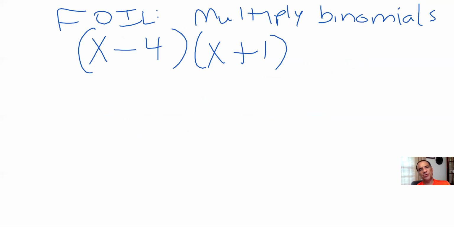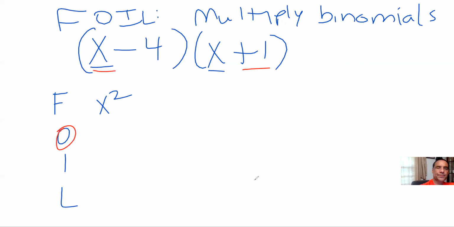And though I wish I could be more entertaining about this, we were telling folks yesterday, F represents the X and X, which are the first. O represents the outer. So that's going to be positive X because it's 1 times X.